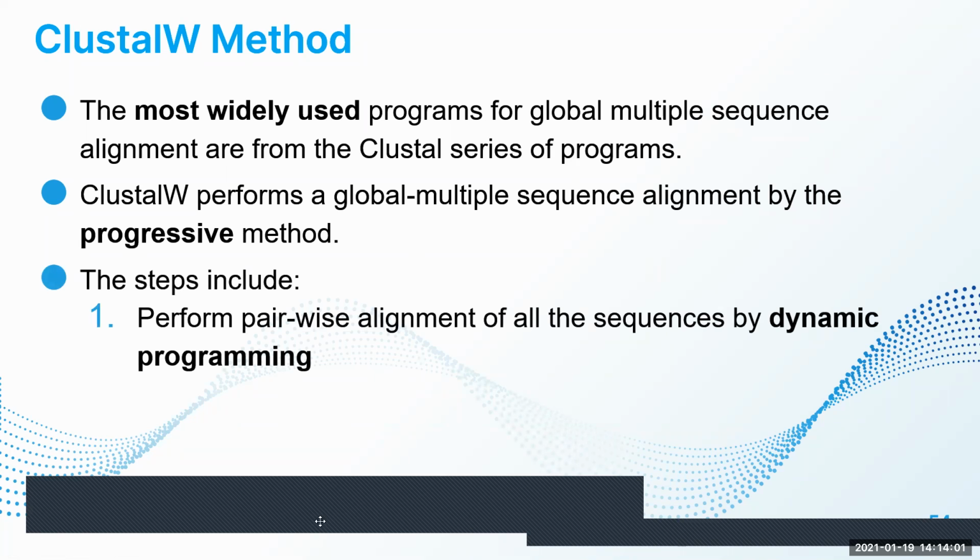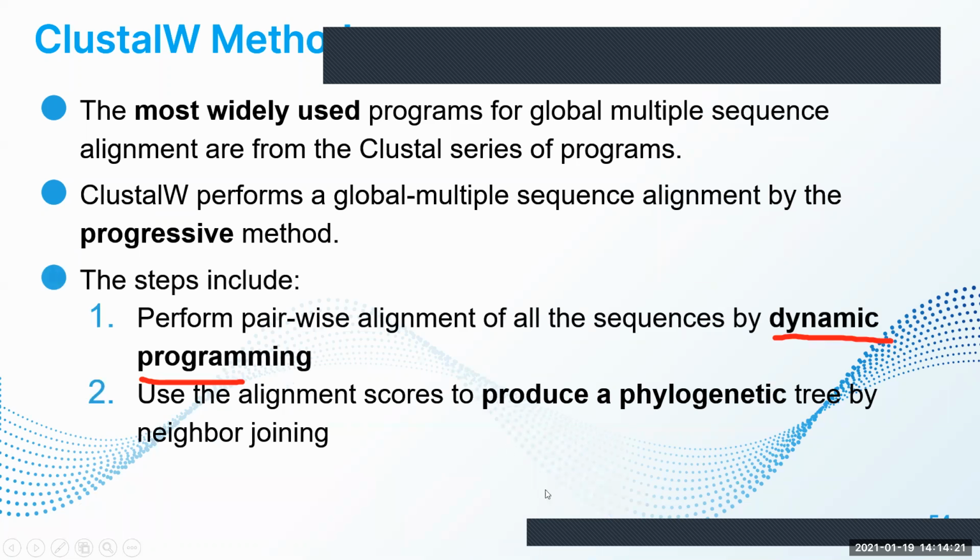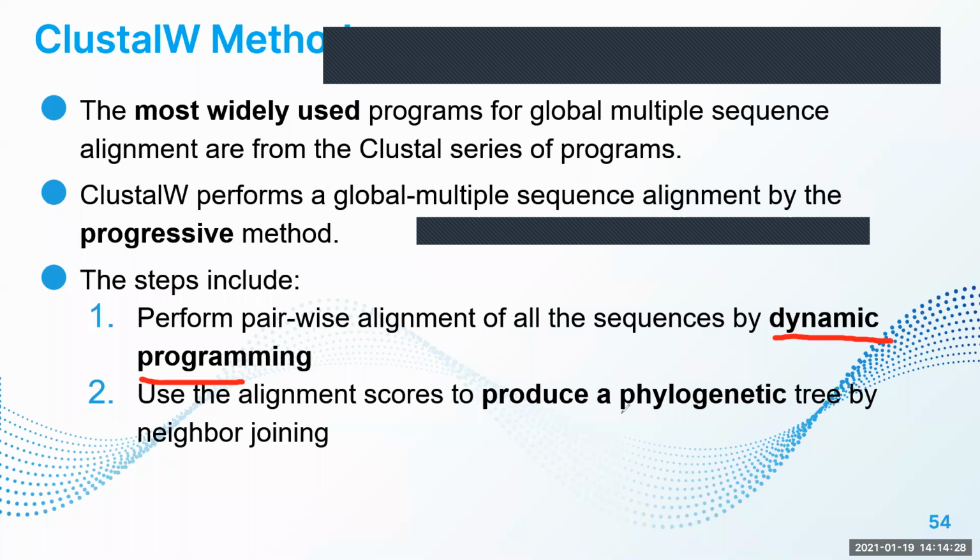So the main difference is, you do the pairwise alignment based on this dynamic programming approach, right? Then you use this phylogenetic tree as a guide tree, and you use a neighbor joining algorithm to join those things.